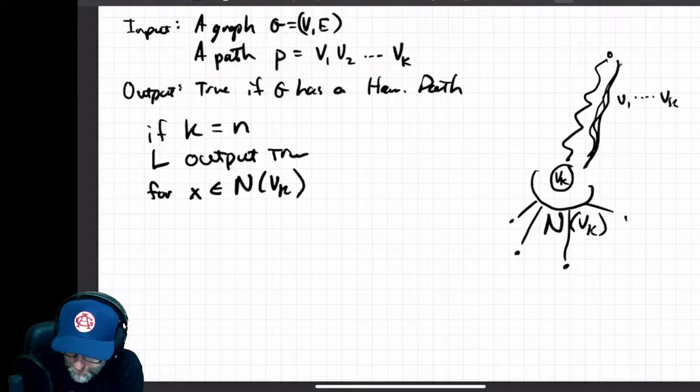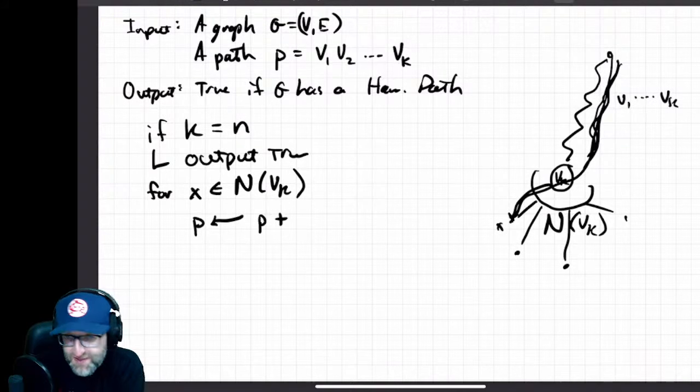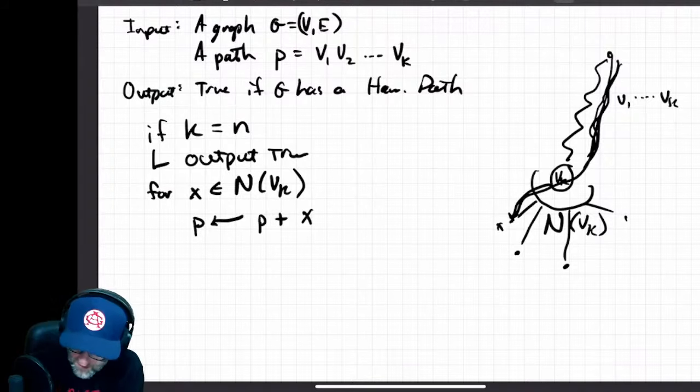Do the following. Let's go ahead and visit that vertex. If this is x over here, let's go from VK to that vertex, forming a new path. So P, and I'll just use and abuse the plus sign here to go to the next vertex. In fact, I'm going to relabel that P prime. And then I'm going to label this entire algorithm.